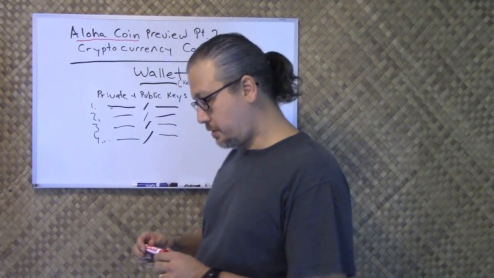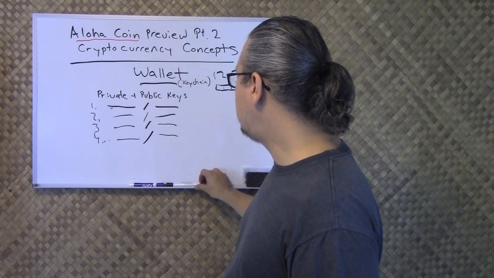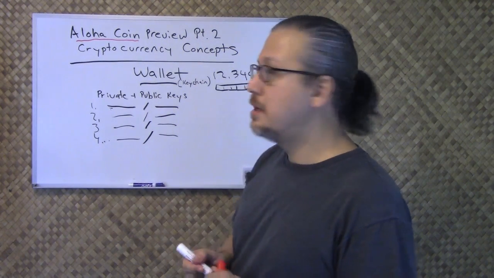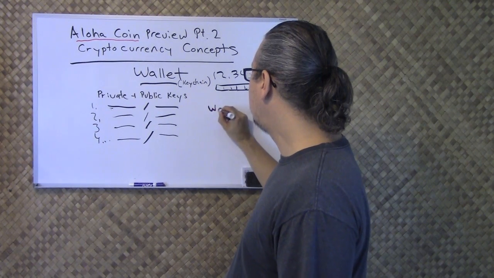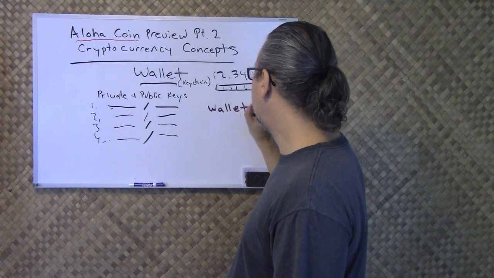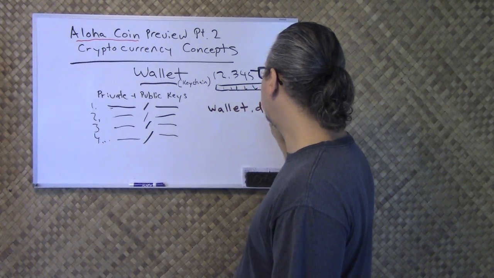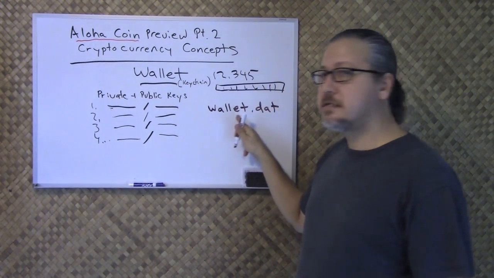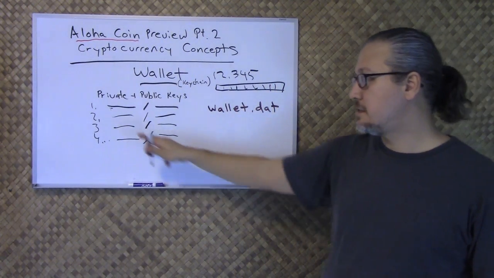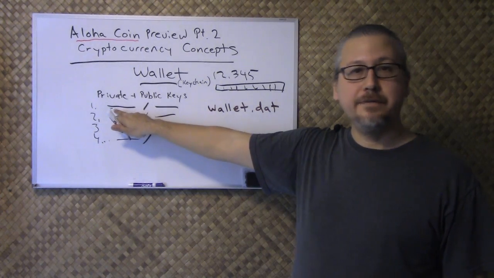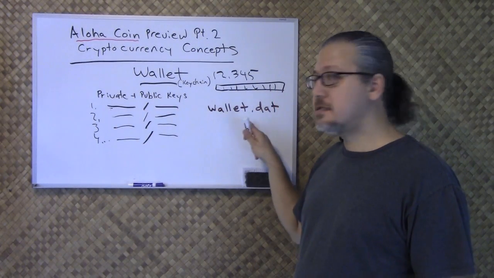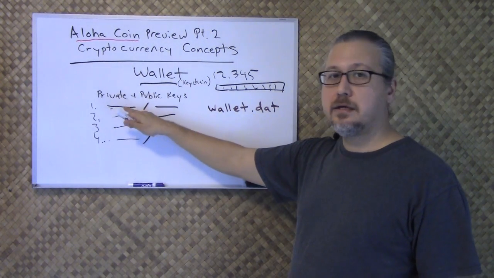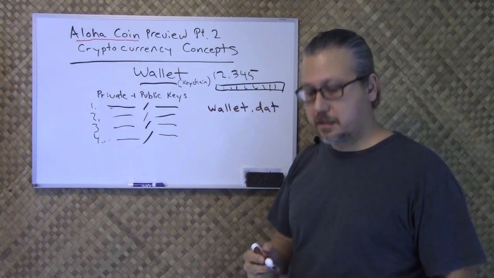It's different for different computers, but basically there's a file somewhere called wallet.dat, and this is the file that's going to contain your public-private key pairs.